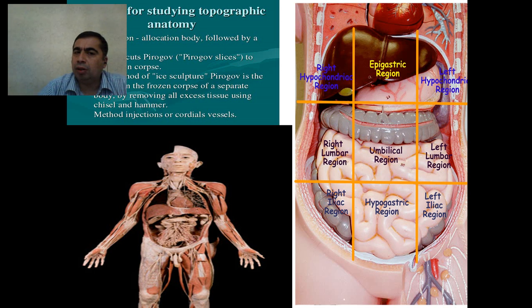Only by this method can we get very exact information about the organization of organs, about the organization of the human body. Cutting up, dissection.